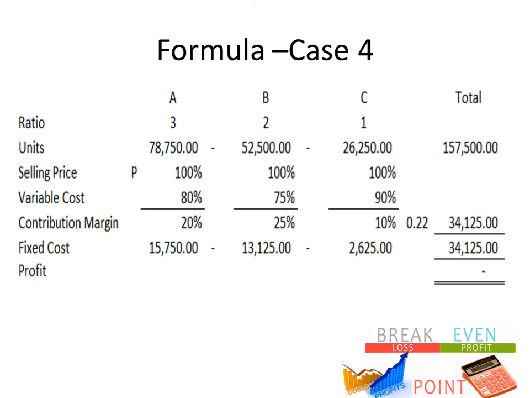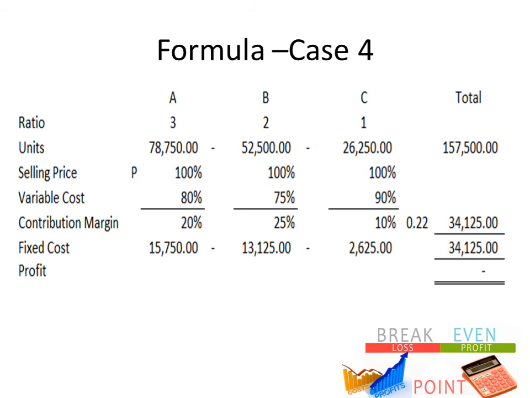And then B is 50% more than C. So therefore, C is 1, B is 2, and A, composed of 50%, is 3.